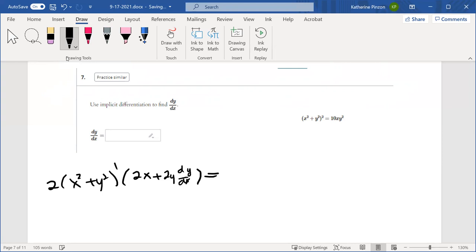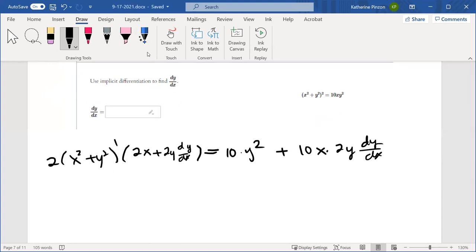Perfect, equals. On the right-hand side, I need the product rule. Derivative of 10x is 10 times y squared plus 10x times the derivative of y squared, 2y dy/dx. Just be careful not to confuse which ones are y's and which ones are y primes.